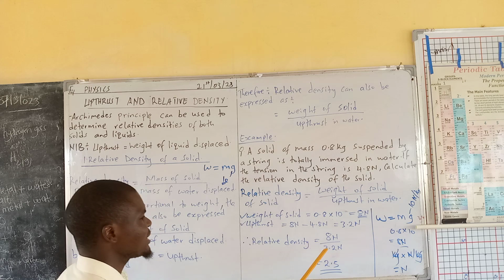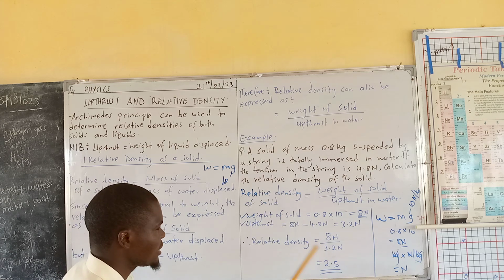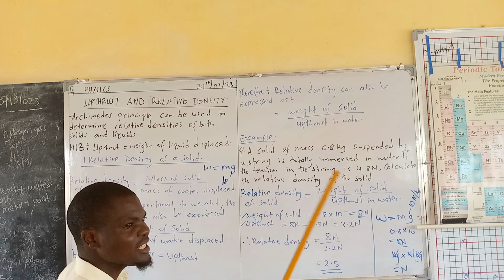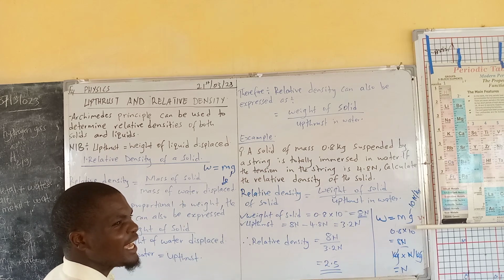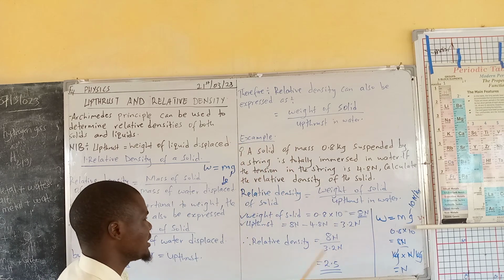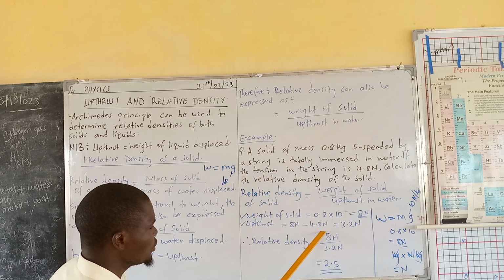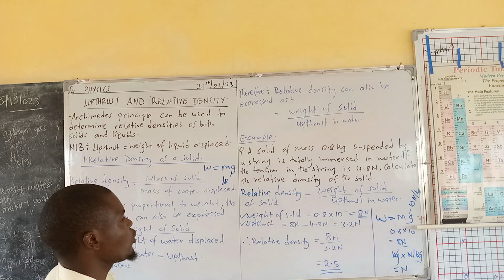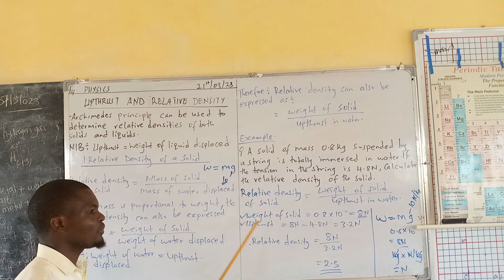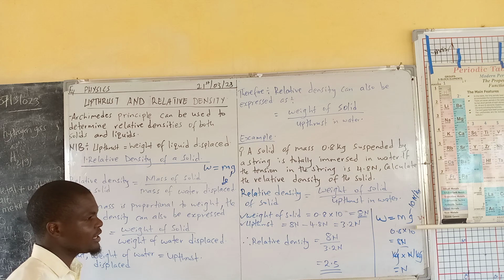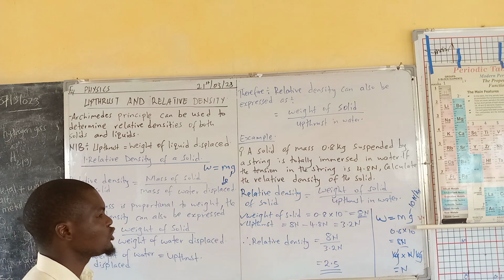Then subtract the apparent weight, that is the weight of the solid when immersed in water. If you subtract the two, we find our upthrust as 3.2 Newton.